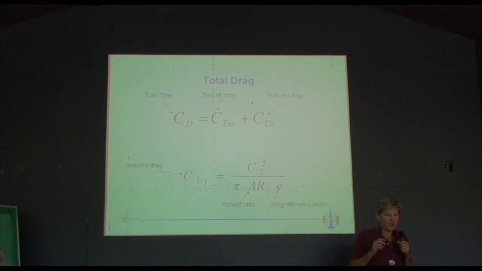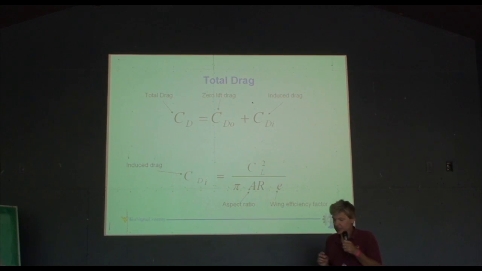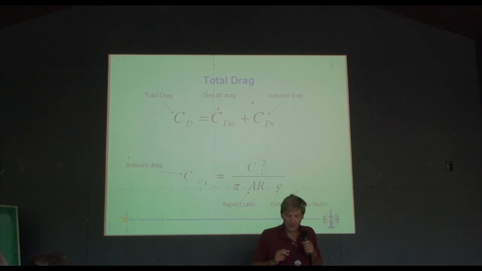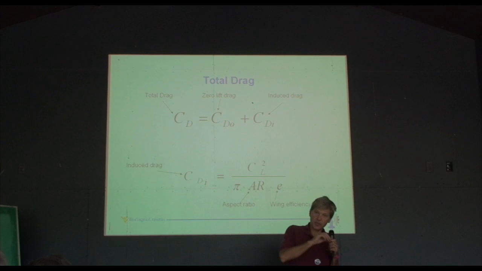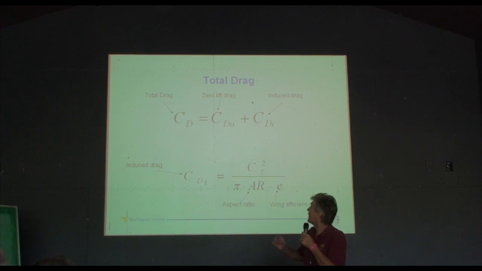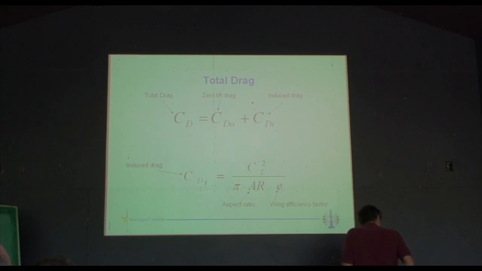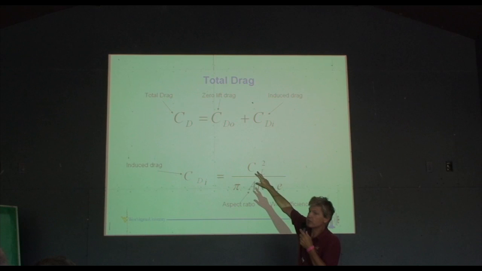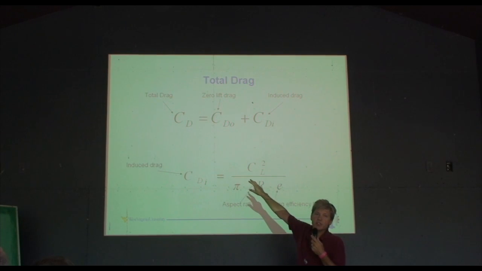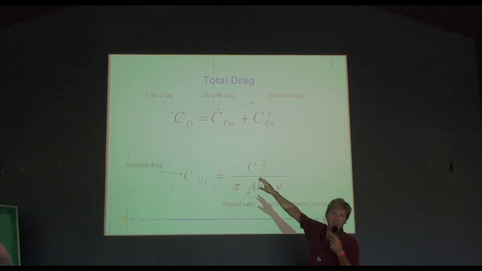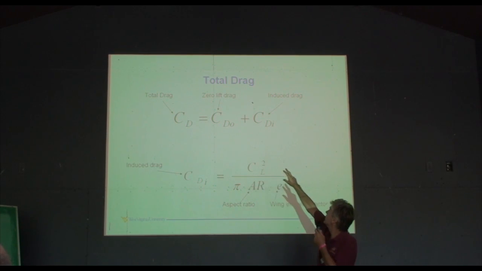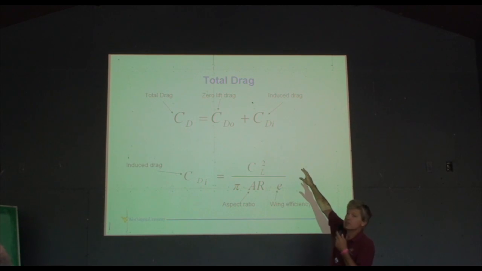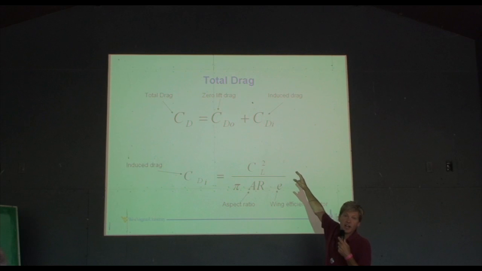In aircraft like the ones we fly, general aviation aircraft, at our cruise speeds, this is important to realize: most of the drag comes from CD0. About 75, 80% of it comes from CD0, and the rest, 20% or so, comes from CDI.